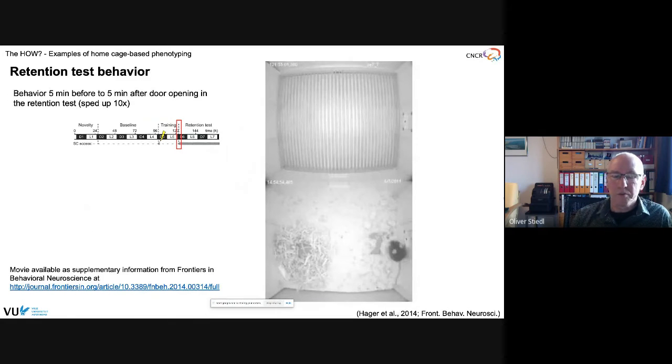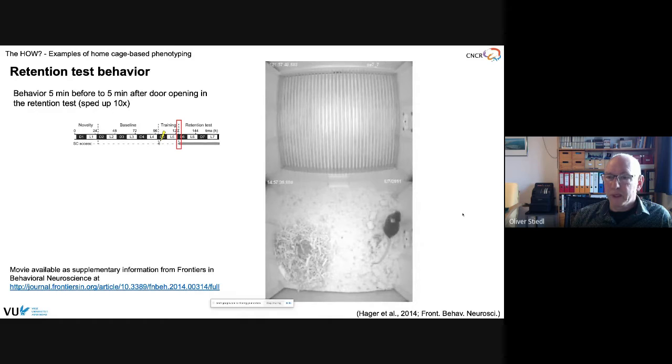Now let me show you a movie where I show you in a time lapse the activity of a mouse in the home cage 5 minutes before the door opens, sped up 10 times so that you can see what happens when the door opens for the first time. So you can nicely see the animal is exploring the whole cage.